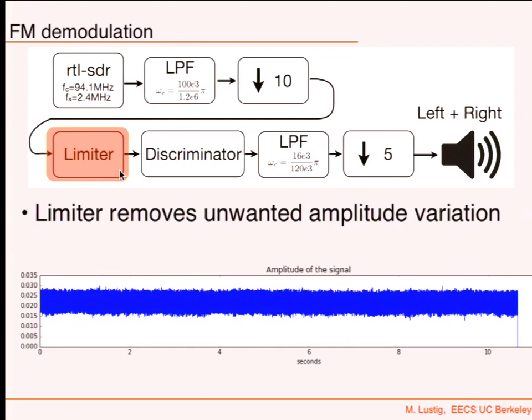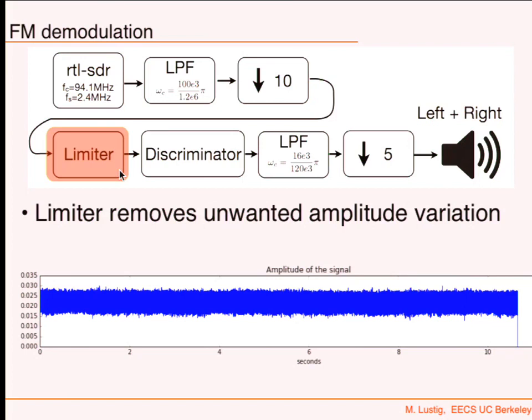There's always going to be amplitude deviations. We want to remove this. We want the signal to be constant amplitude, but have all the variations happen in the phase, in the frequency. So the limiter is the thing that does that.